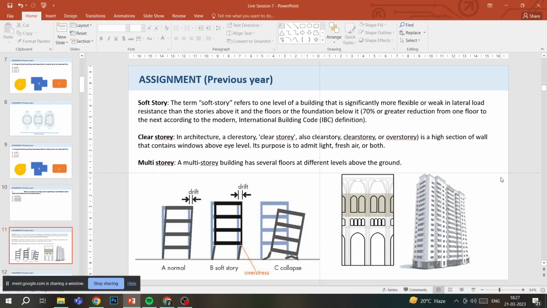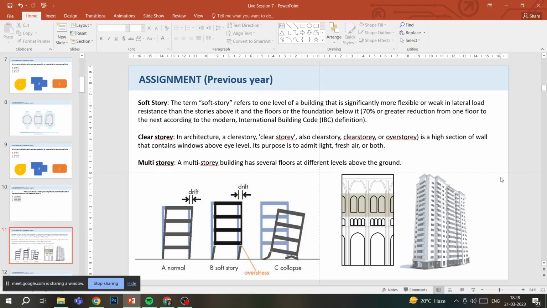So if you look at this figure, you can see that building A has all the stories very rigid, and none of those stories are soft stories. So when an earthquake happens, the building will just sway a little and then come back to its place.